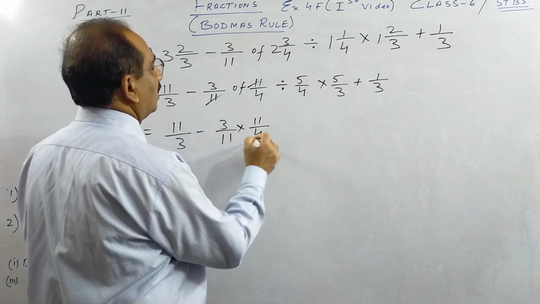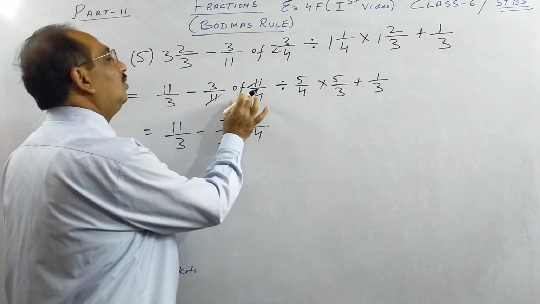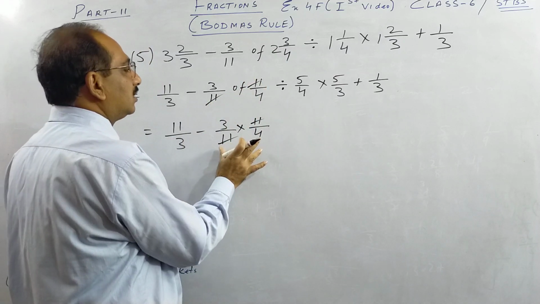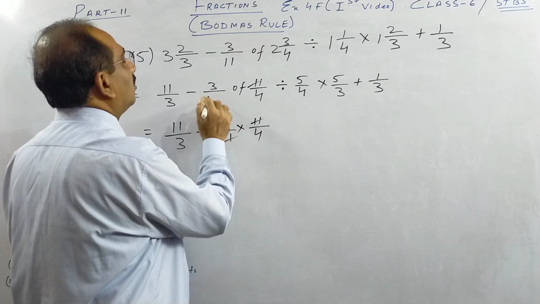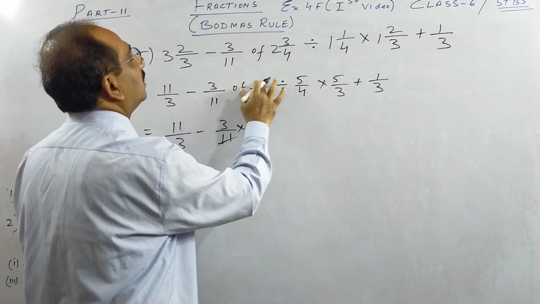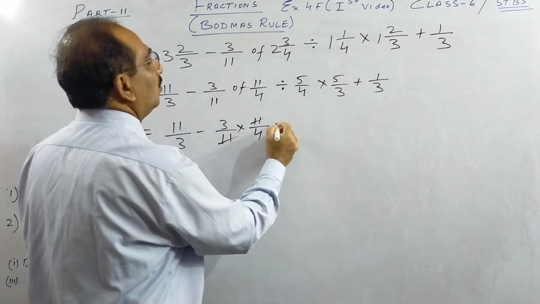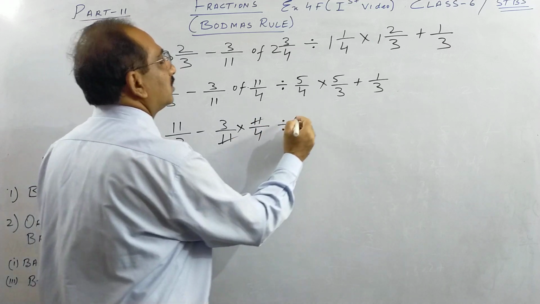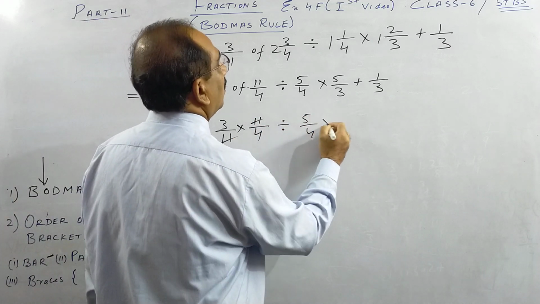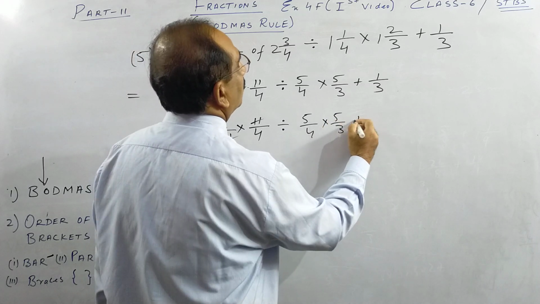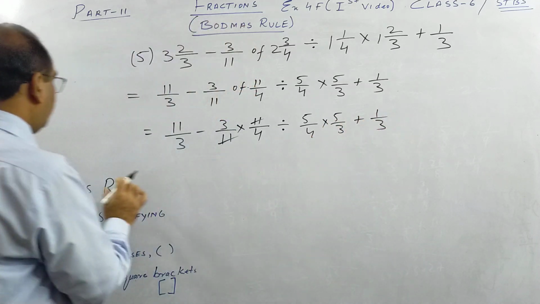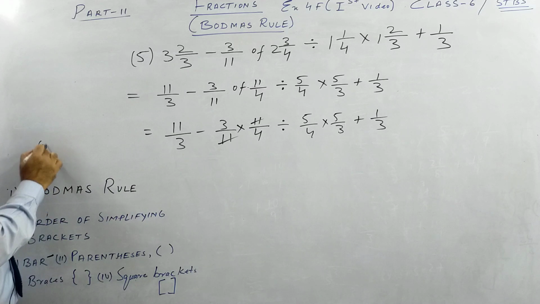Both are equally correct. In of also you can cancel, but generally people convert it to multiplication, then they cancel. So first operation is of. Here we have done of first.